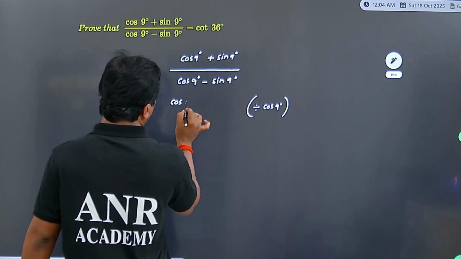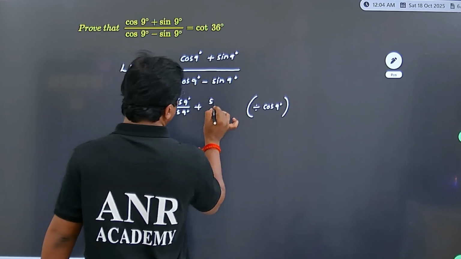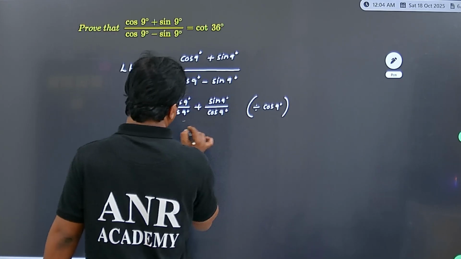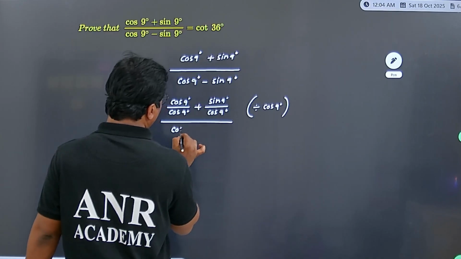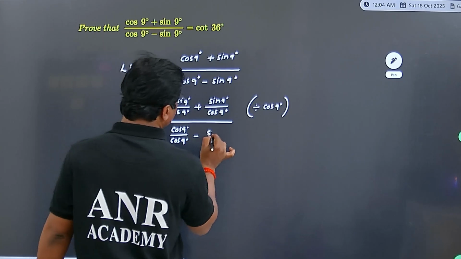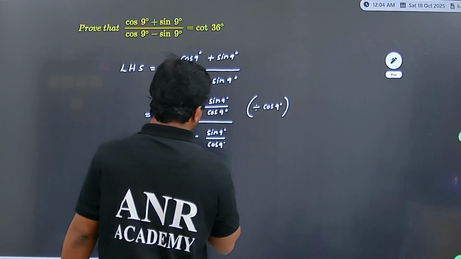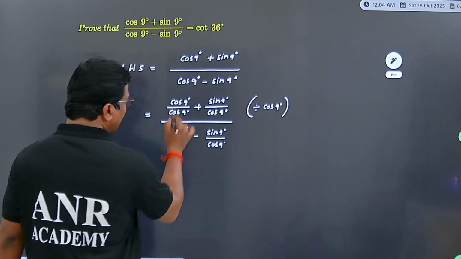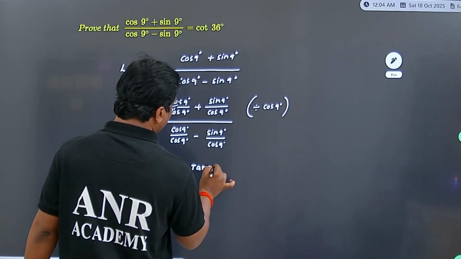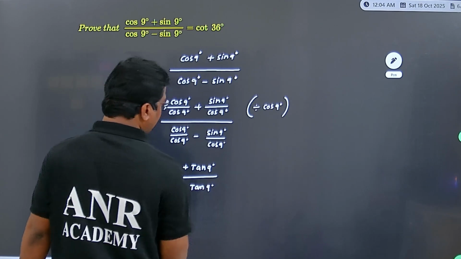That is cos 9 degrees by cos 9 degrees plus sin 9 degrees divided by cos 9 degrees, whole divided by cos 9 degrees divided by cos 9 degrees minus sin 9 degrees divided by cos 9 degrees. On simplification, it is 1 plus tan 9 degrees divided by 1 minus tan 9 degrees.